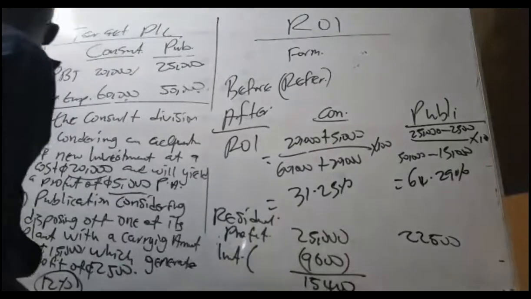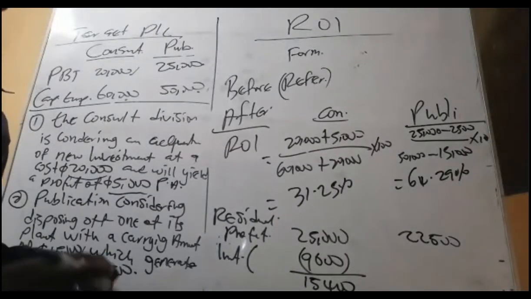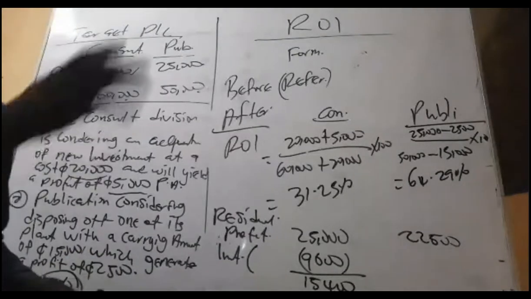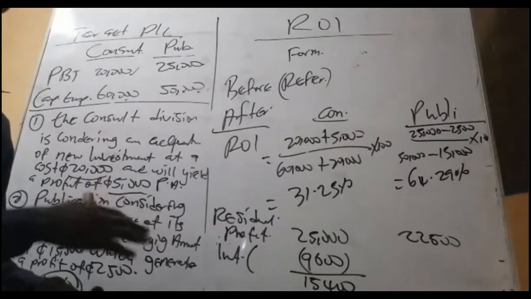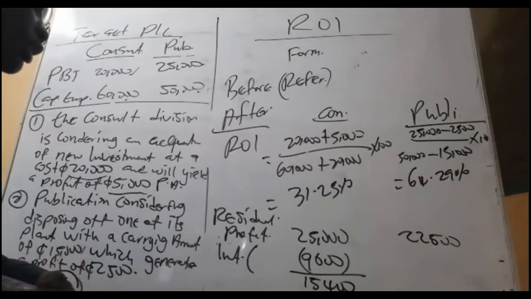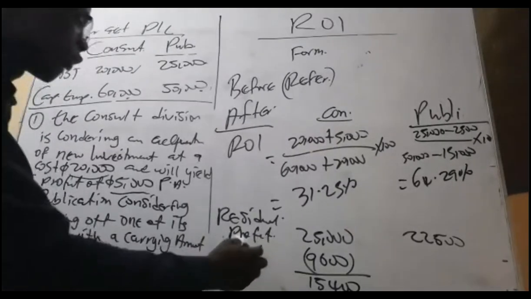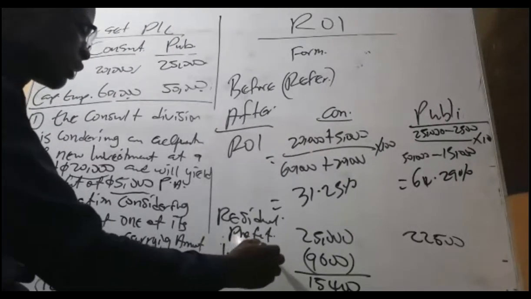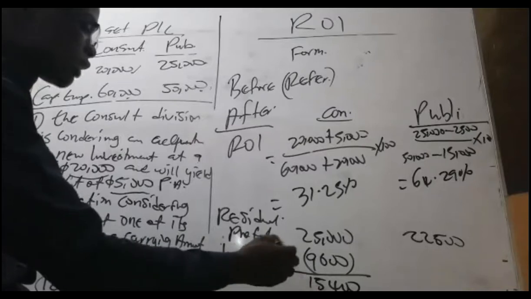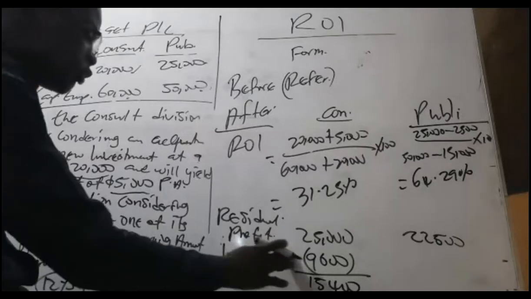Basically, that is the residual income, 15,400, after the disposal or acquisition of the investment. Now, when you come here, this one is 80,000 times 12%.